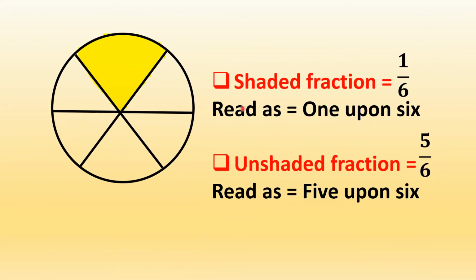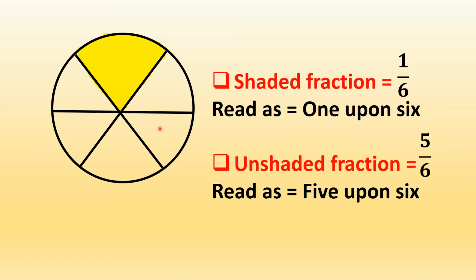Now next example. Students, see in this figure a circle is divided into 6 equal parts. One part of it is shaded and the remaining 5 are not shaded. So students, tell me the shaded fraction.